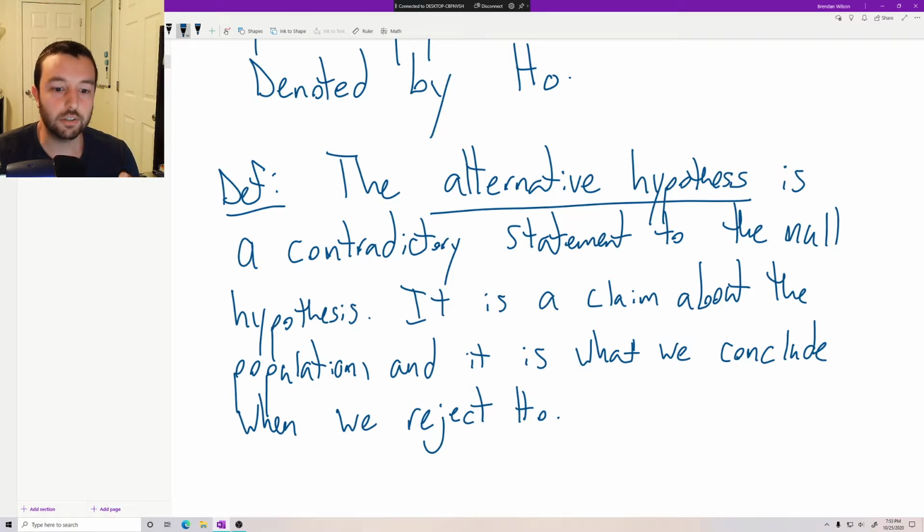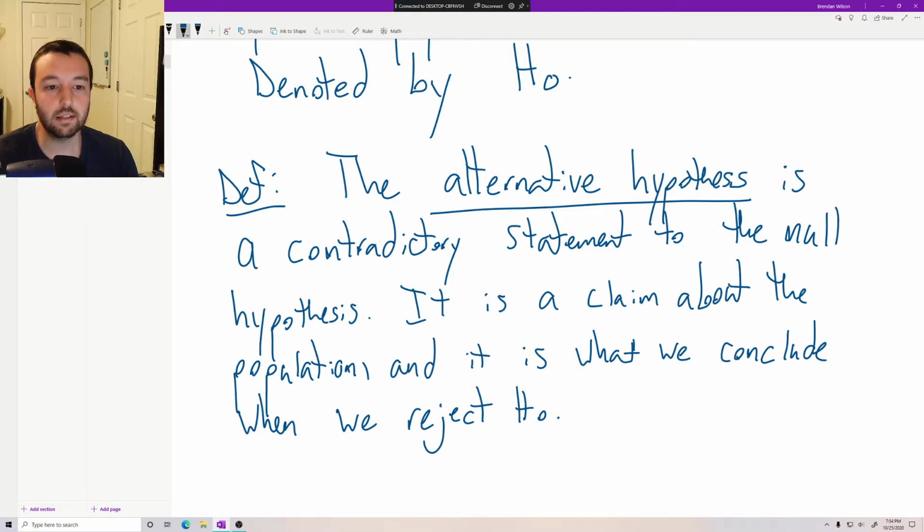So here, we're saying that we reject the null hypothesis, or we fail to reject the null hypothesis. But failing to reject the null hypothesis doesn't necessarily mean that we have the evidence to accept it. In other words, just because we fail to reject the null hypothesis doesn't mean that our alternative hypothesis, which is what we're trying to prove, is false. Okay.